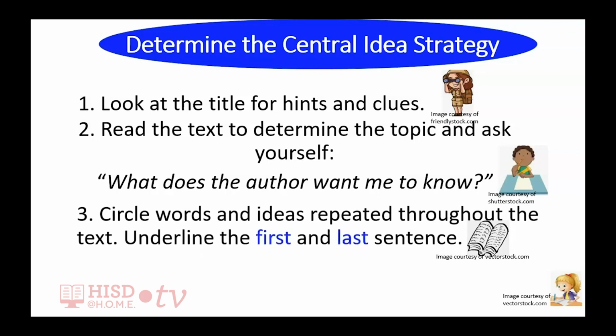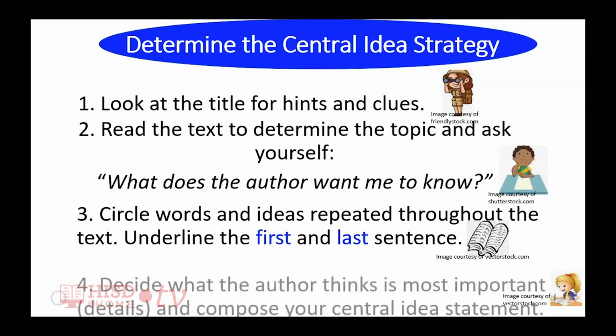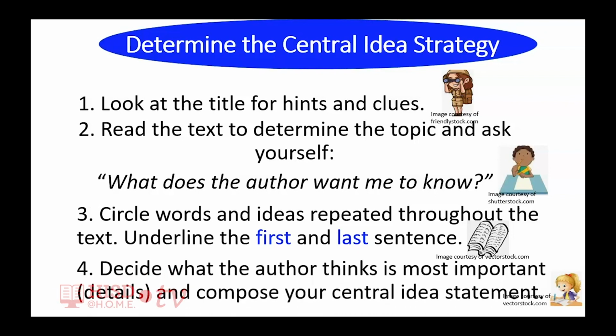Step 3. Circle the words and ideas repeated throughout the text. Underline the first and last sentence. Step 4. Decide what the author thinks is most important, the details, and compose your central idea statement.